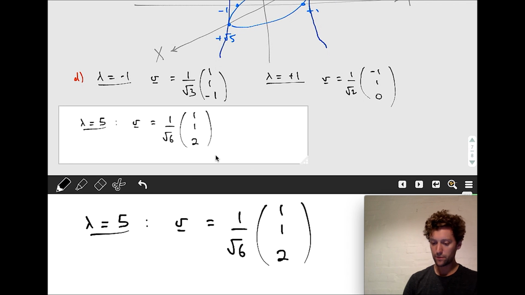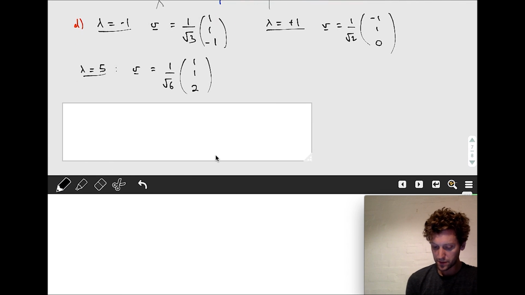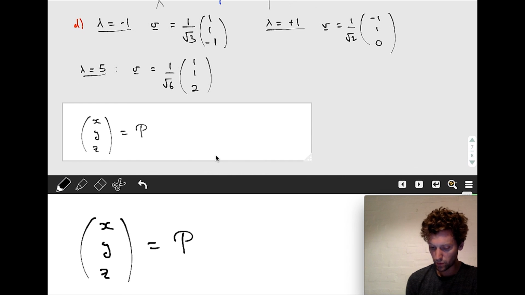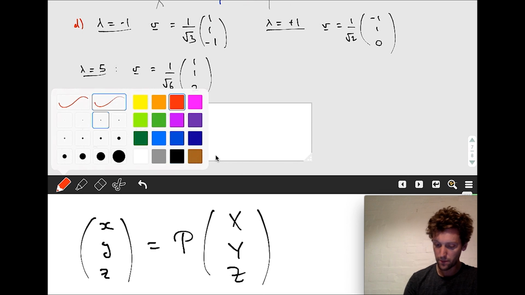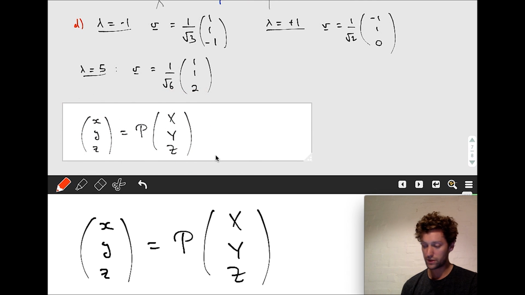Now we're going to write down the matrix P that transforms from my old coordinates to my new coordinates, big X, big Y, big Z. And to do so, I'm going to have to remember which of my coordinates corresponded to which eigenvalue.